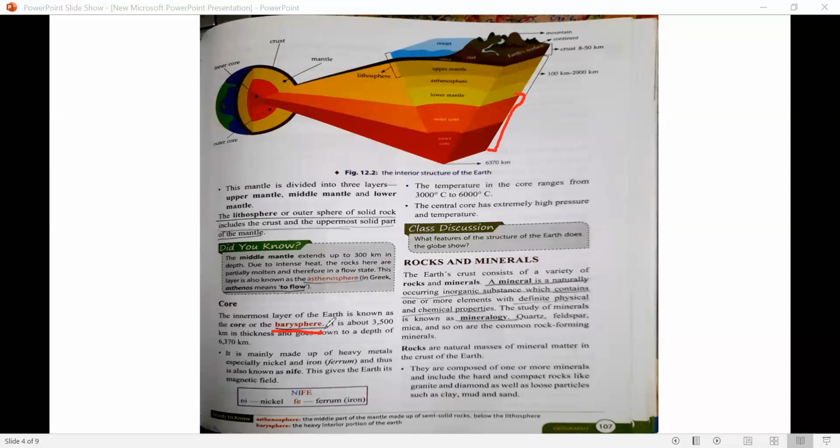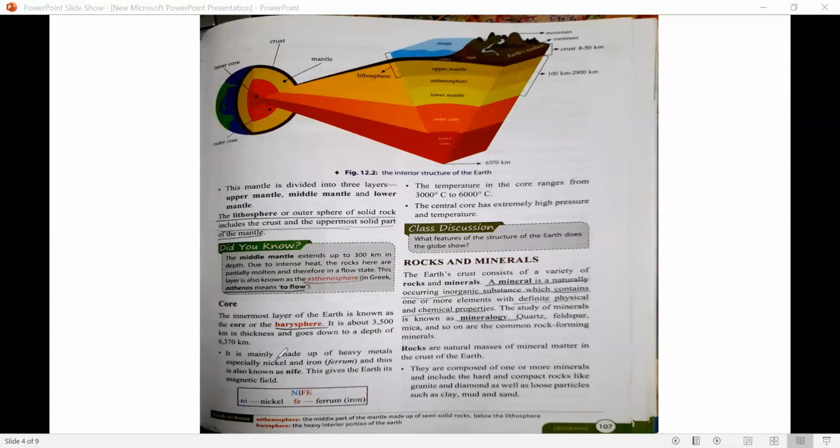It is about 3,500 kilometers in thickness and goes down to a depth of 6,370 kilometers. Hope that's clear to you all. Let's study further things about the core.